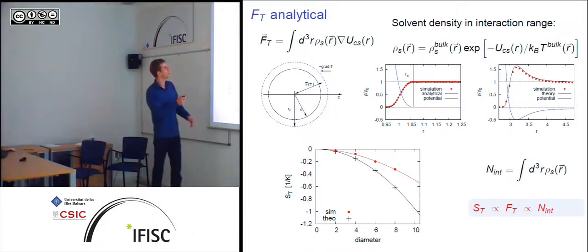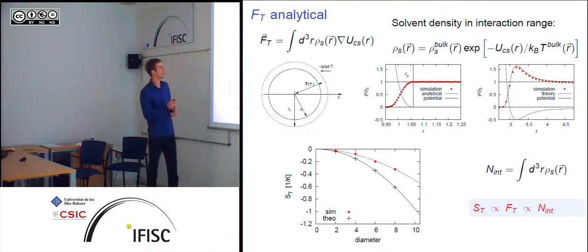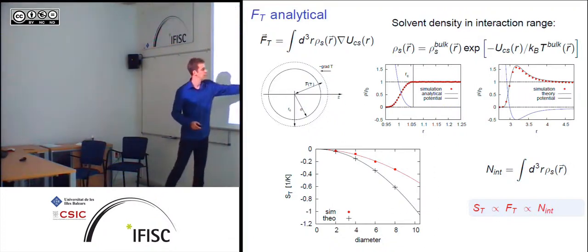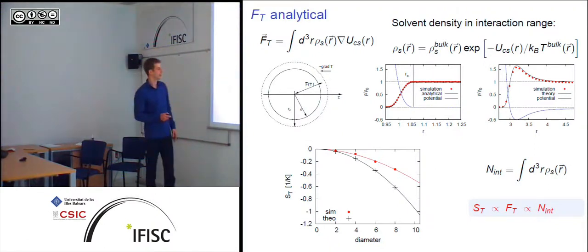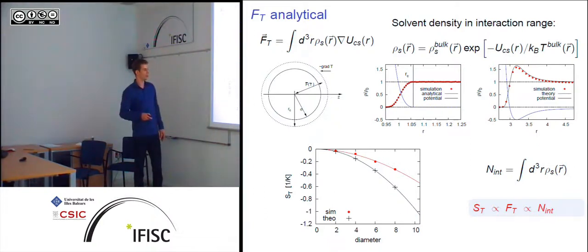So this integral, you cannot solve it analytically, but you must solve it numerically. Therefore, we have each of these points here, and the curve is a fit to these points. And we find that we have a qualitative agreement of the theoretical predictions with all the simulation results.